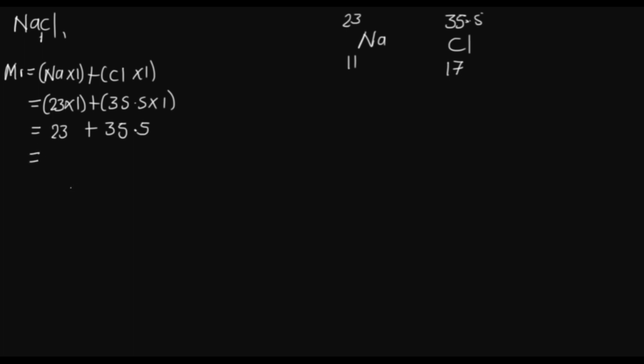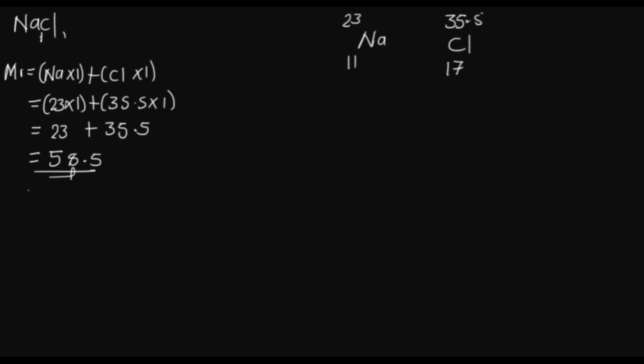Then 23 plus 35.5, we get 58.5. So this is our relative formula mass, because we are still looking at an ionic compound.